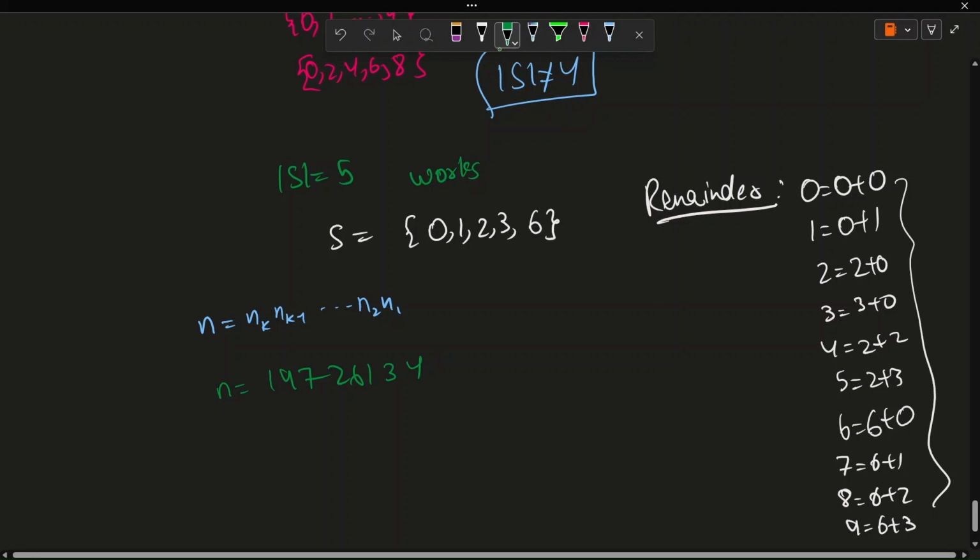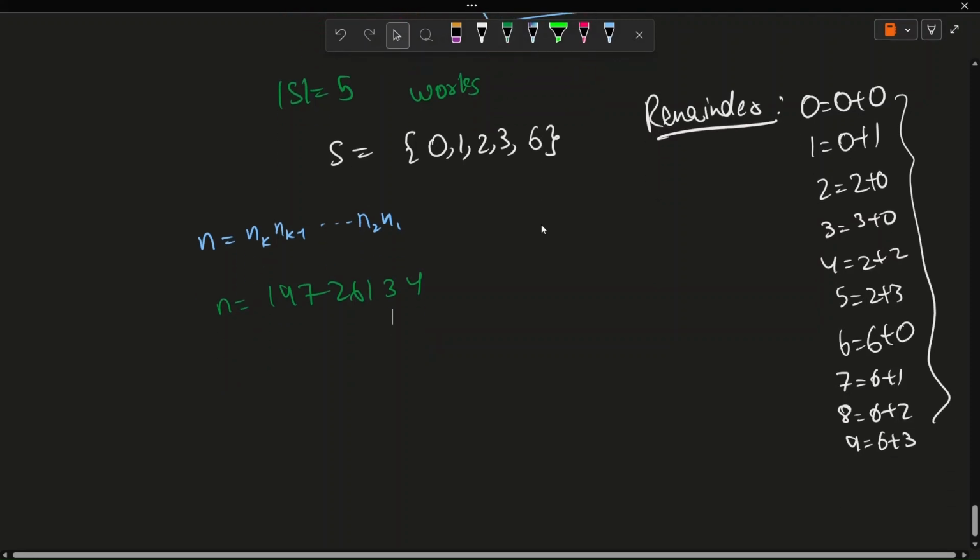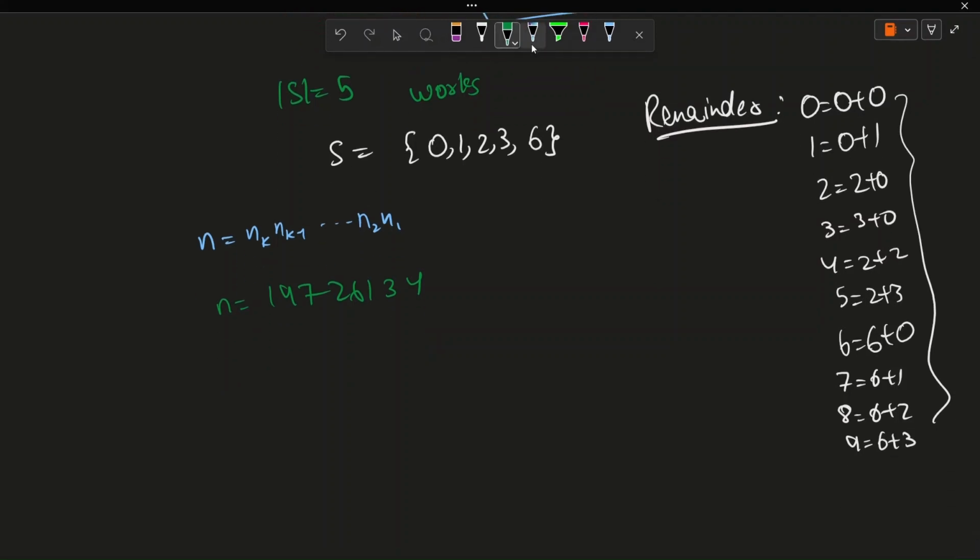So step by step we generate the digits. For example, 4: how do we generate 4? 2 plus 2. We write 2 here and 2 here. So a equals this, b equals this.